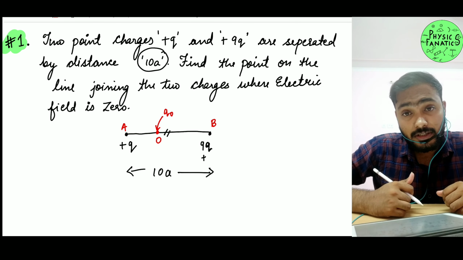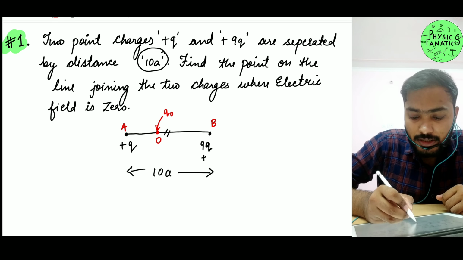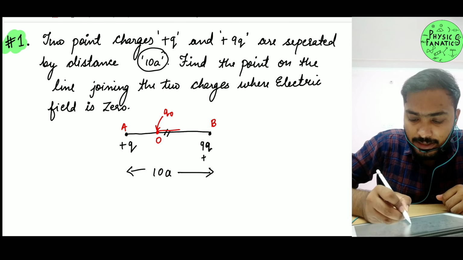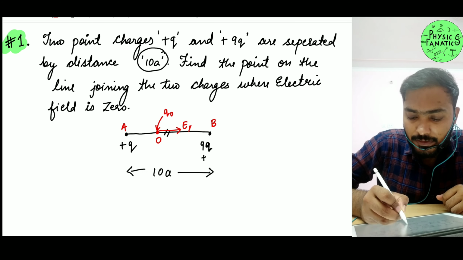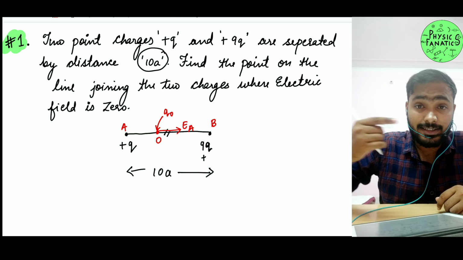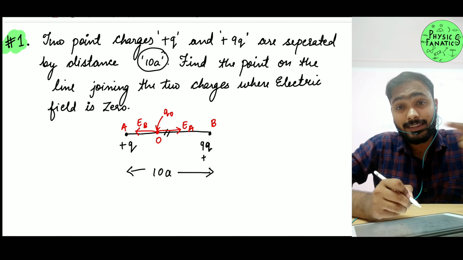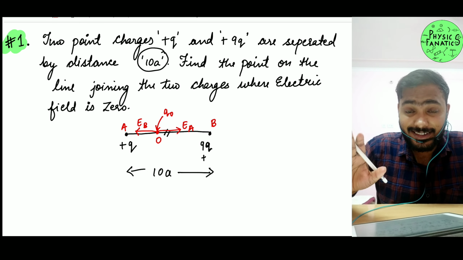So because of the positive test charge, this q0 charge is going to experience electric field because of A in that direction. So I'll write electric field because of A, right, in that direction. And obviously because of B, this q0 charge is going to experience electric field in that direction, right? I hope you guys can understand, right?